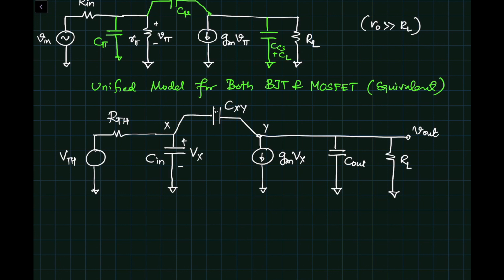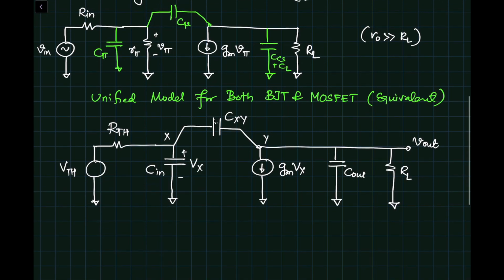You can compare this to the previous bipolar model. By the way, this VTH and RTH is a Thevenin equivalent looking back at this particular node. It should be fairly clear once we go through a little bit of analysis.